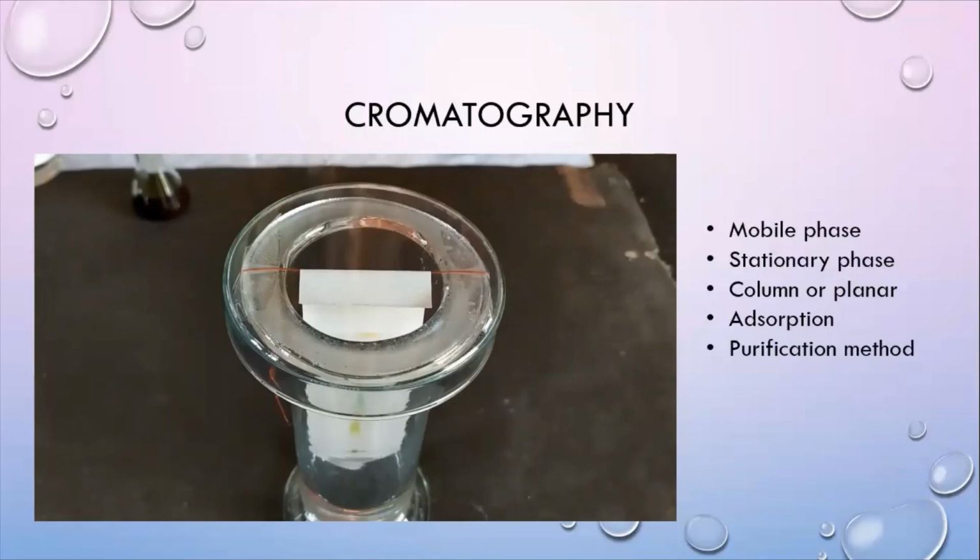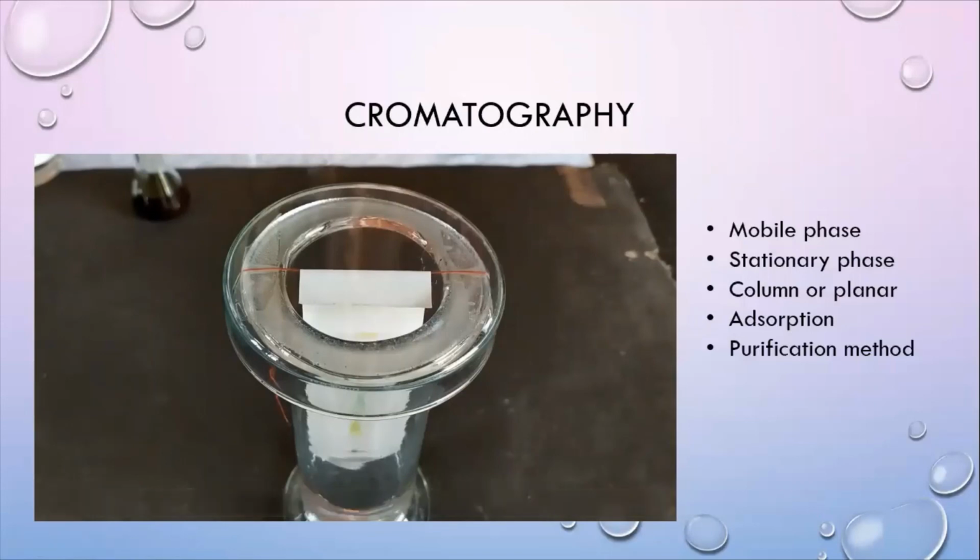So if I'm separating chlorophyll, chlorophyll will be stuck on the paper first, but then it would interact through adsorption with the mobile phase, which is usually an organic solvent, and then that will make chlorophyll move from the rest. So what we do in paper chromatography in particular is to measure the distance between the application of the sample and our different stains that we have as a result.